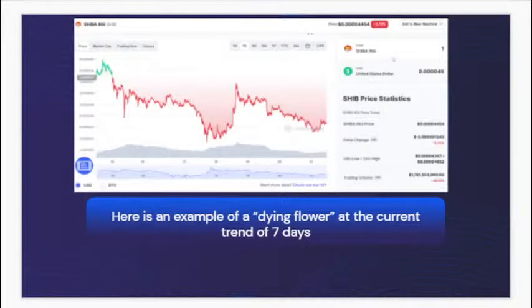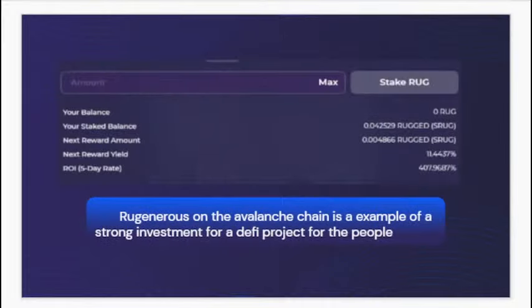I think it went down even by 20% if I remember correctly this morning as I was recording, but I can't be too sure. But this would be a good example of what a dying flower would be if you're trying to start with a token such as Bitcoin, Ethereum, or Avalanche. Always make sure that your trending graphs are either even or in the green, or just in general staying flat.